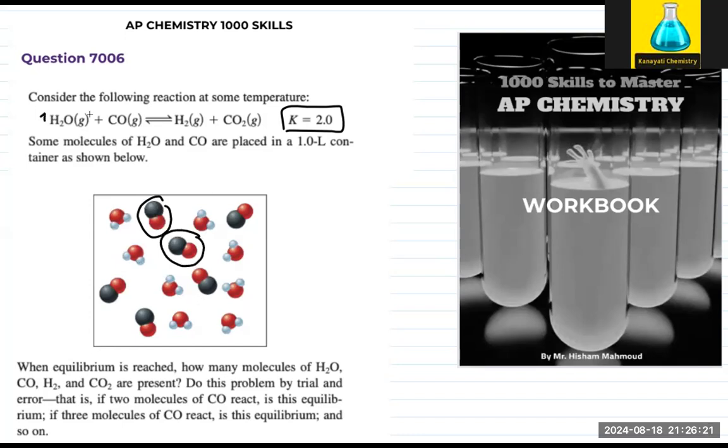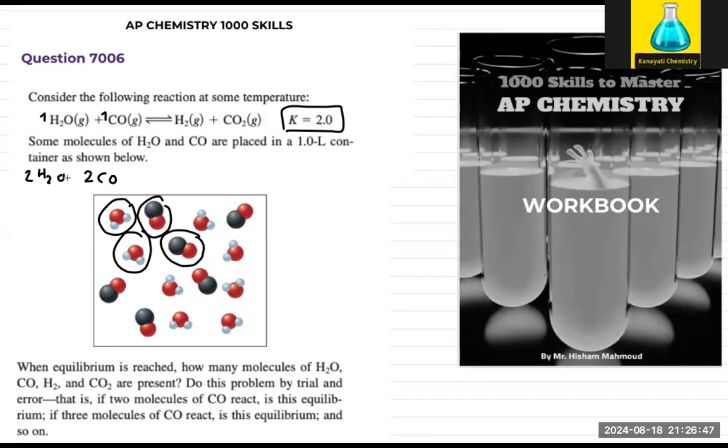The ratio is 1 to 1, so 2 molecules of water will react as well. So at equilibrium, there are 2 moles of each reactant. I can see that the reactants are 2 of H2O and 2 of CO. And what are the products formed?